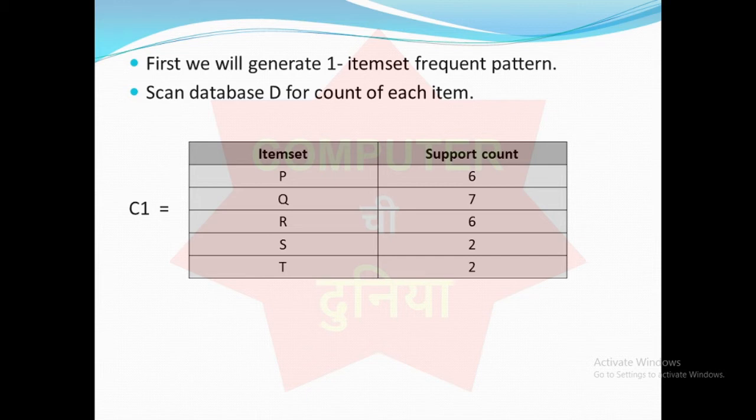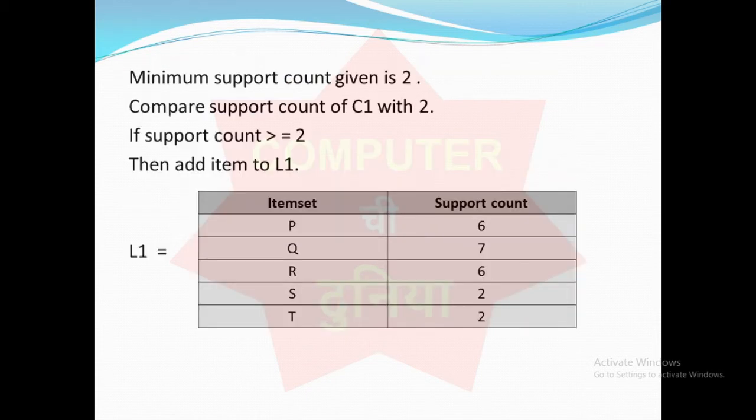Here you can see all the elements from C1 had support count greater than or equal to 2. Hence, all the elements are moved to list L1 as they are, because all the items satisfy the condition.